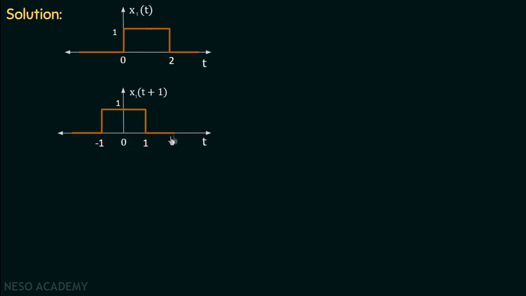So now we are going to add these two functions, and let's see what is the resultant waveform. So the value of x1(t+1) from minus infinity to minus 1 is equal to 0, and the value of this function from minus infinity to minus 1 is equal to 0. So if we add these two functions from minus infinity to minus 1, we will get the resultant value equal to 0.